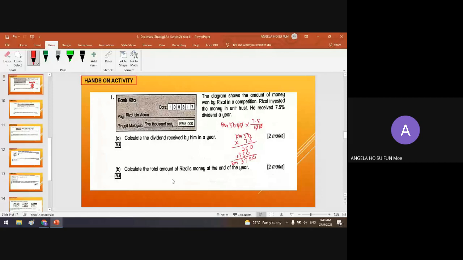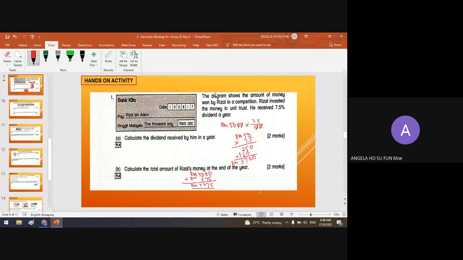Right, so this is to calculate the total of money. Originally, you got 5,000. And the dividend given by the bank is 375 ringgit. So plus together, you are correct then. They will get at the end 5,375 ringgit. Okay, done. Question number 1.